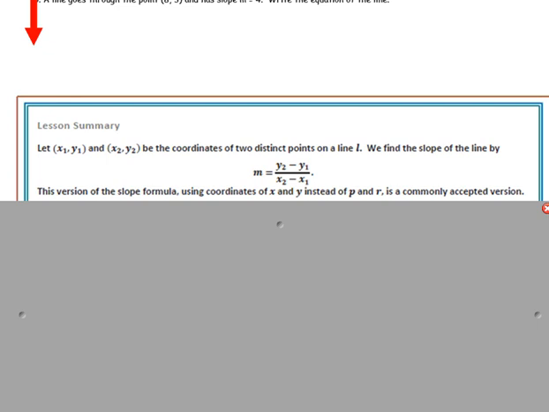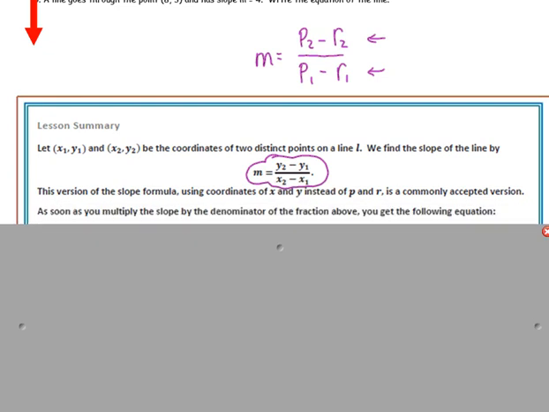Recall that in previous lessons we had found the slope using this formula. P's on the left, R's on the right, 2's on the top, 1's on the bottom. This is the difference in the y values. The denominator is the difference in the x values. So again, this is a commonly accepted version to find the slope.